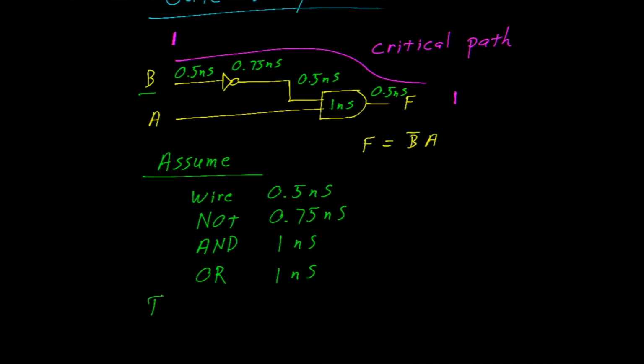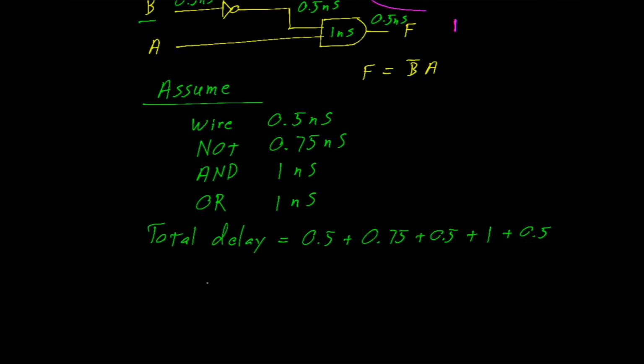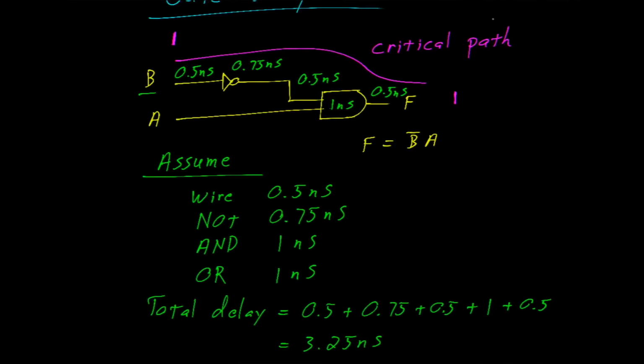The total delay is therefore 0.5 plus 0.75 plus 0.5 plus 1 plus 0.5 nanoseconds, which I believe is equal to 3.25 nanoseconds. Remember, that is a description of the critical path. It describes how long it takes for an input, which is seen here on B, to propagate to the output here on F.